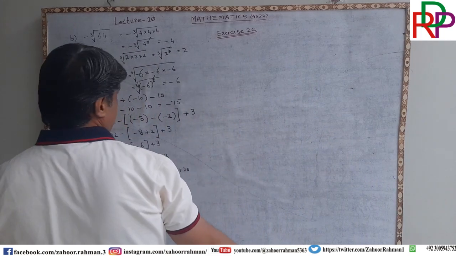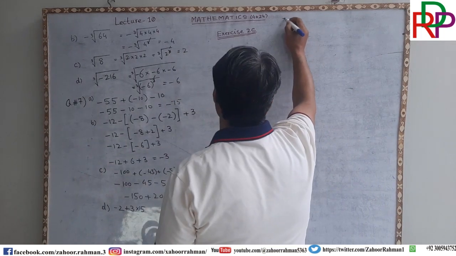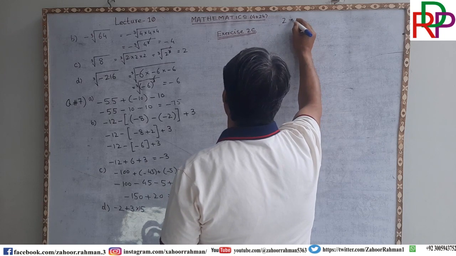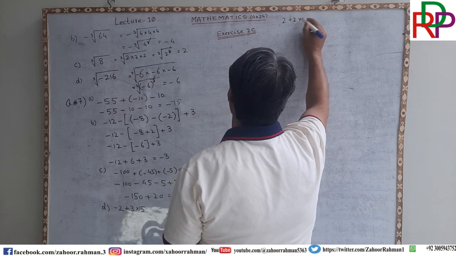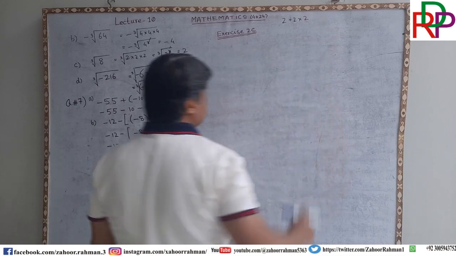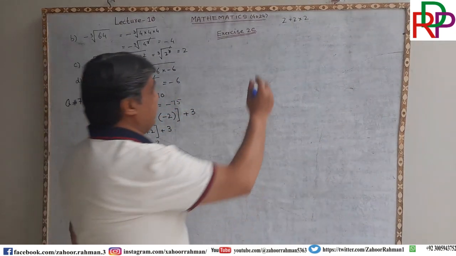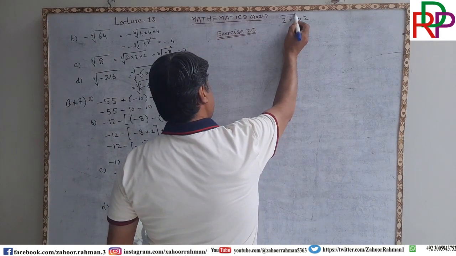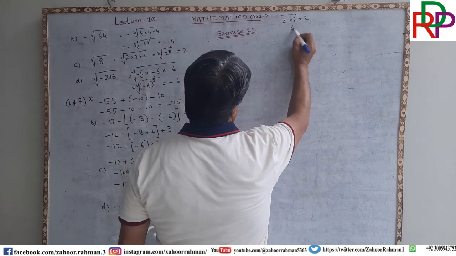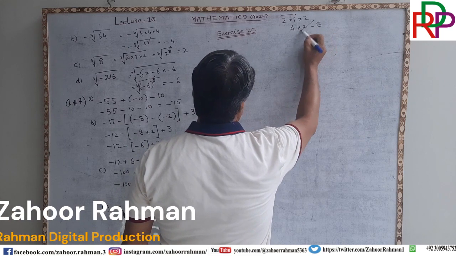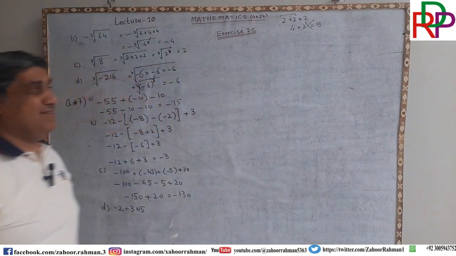I always ask this question of the students in the class: 2 plus 2 multiplied by 2 is what? Many students add the first 4 and then multiply it with 2, which is not correct.